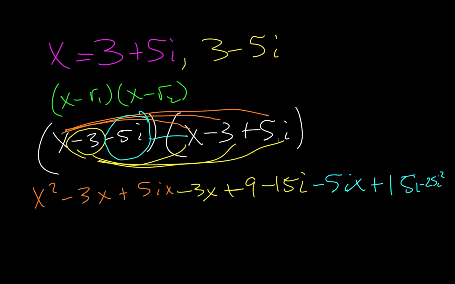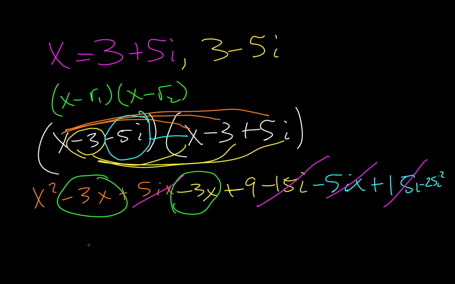Now, if you do this correctly, a bunch of stuff should cancel. So, for example, we have a negative 15i and a positive 15i. We have a 5ix and a negative 5ix. We can combine this and this into a negative 6x. So I used those up.